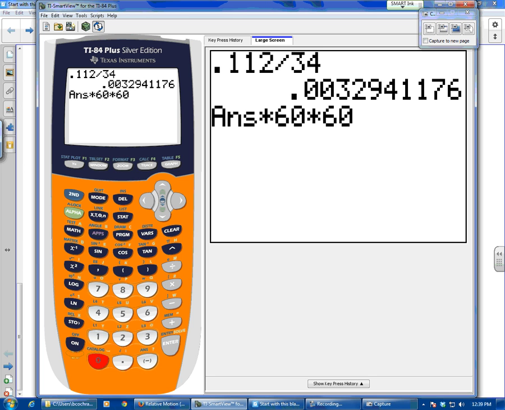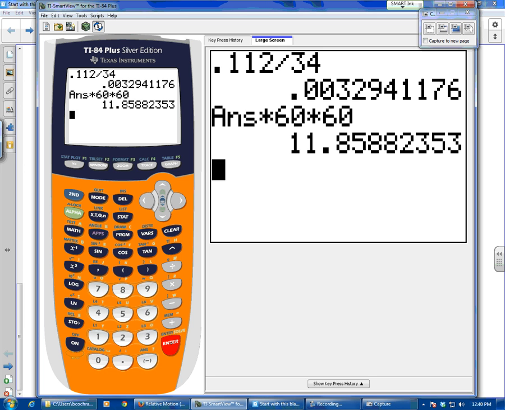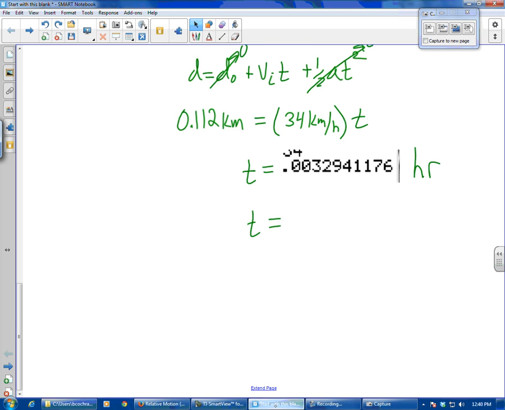Try it. Try 60 times 60 on your calculator. And that's what my answer is, 11.9 for me with scientific rounding. So I get 11.9 seconds. Let's hope that's right. After all, it is Monday.